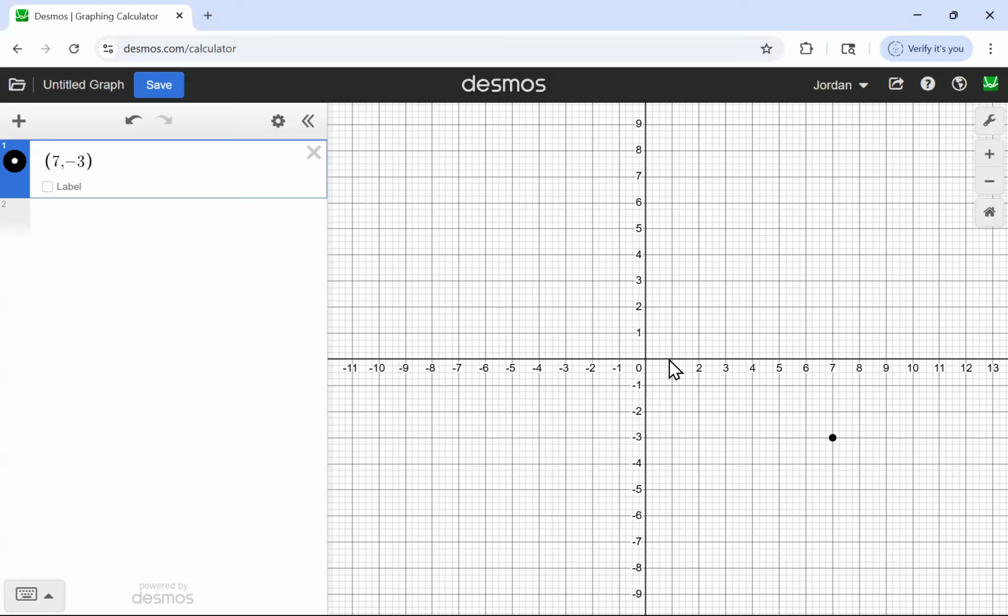But it's called the rectangular coordinate system because you move in rectangles. The directions you move to get to points, your movement is rectangular.